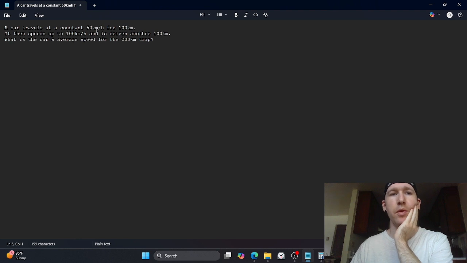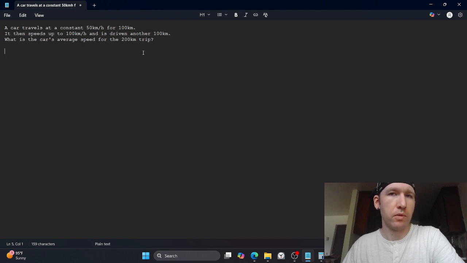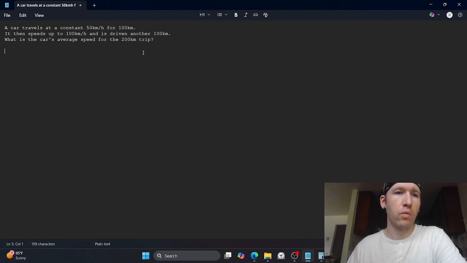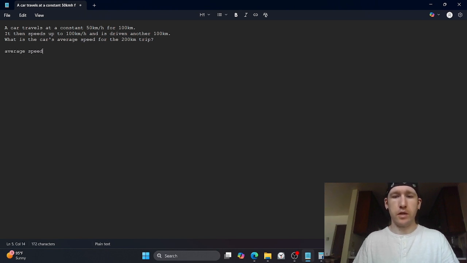But though that might be intuitive, that is not, in fact, the correct way of doing it. In order to correctly solve this problem, we need one formal definition, and that is that the average speed is equal to the total distance traveled divided by the total time elapsed.